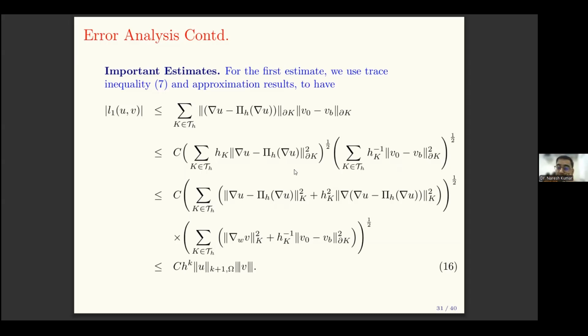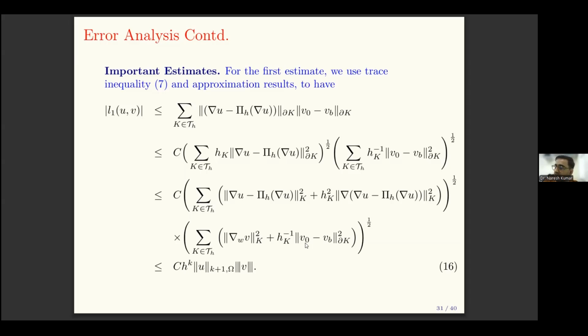So in the first component you apply the trace inequality, and in the second component you can keep it the same, but we add the weak gradient part also. This is definitely a positive term, so if you add a positive term, it will always be greater than or equal to. So now this is nothing but the triple bar norm, the definition of the triple bar norm, because this is a_K and this is the stabilizer term. So a_K plus the stabilizer term is what?